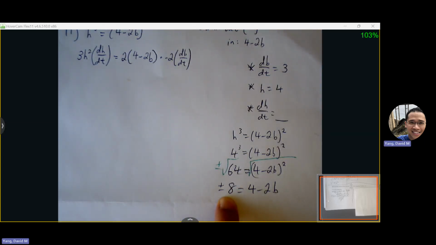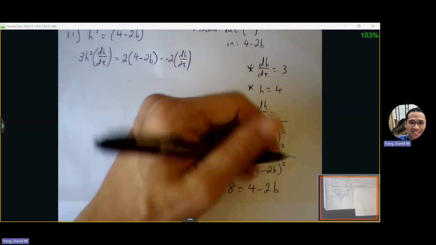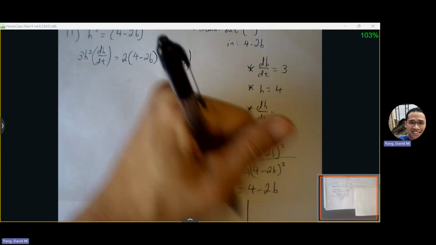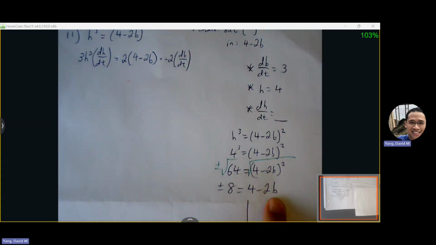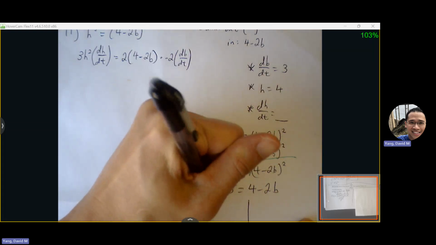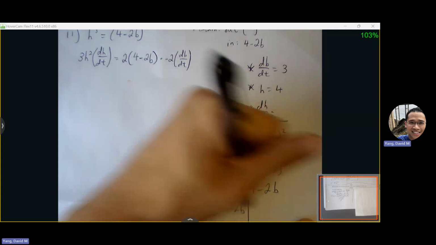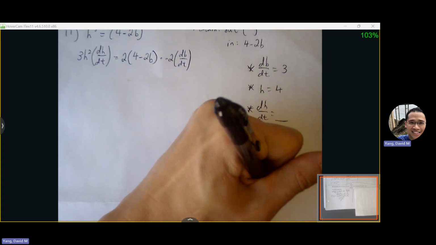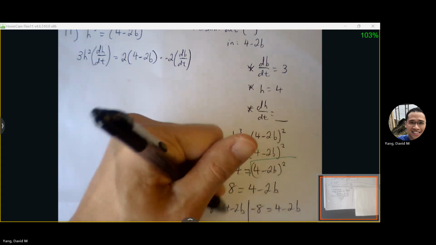Now we know we can ignore this -8 because eventually it's going to be -8 minus 4. Well, let's do them separately here because ultimately B value can't be a negative value because they say positive variables B and H. So let's see what happens here. 8 equals 4 minus 2B. And then we also have -8 equals 4 minus 2B.